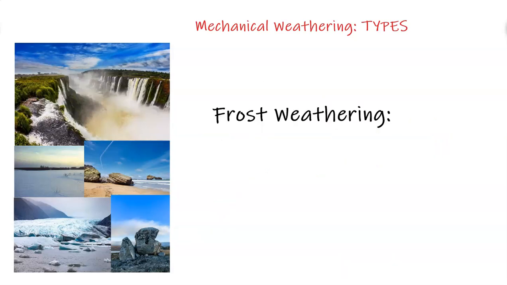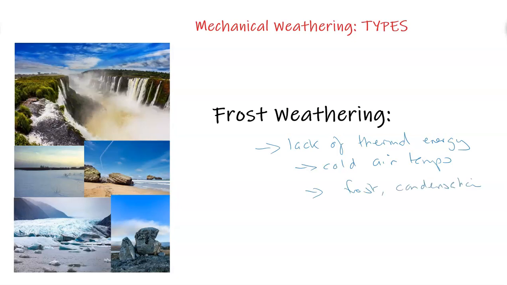Frost weathering is, again, to do with a lack of thermal energy, creating cold air temperatures to create frost, and the condensation and crystallization into water droplets or water crystals.